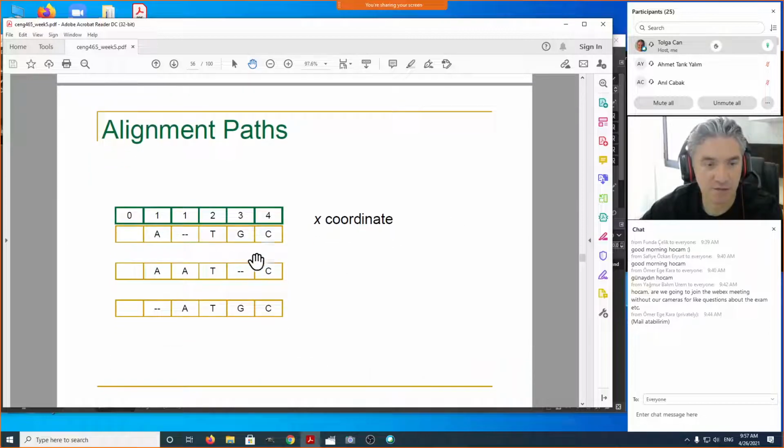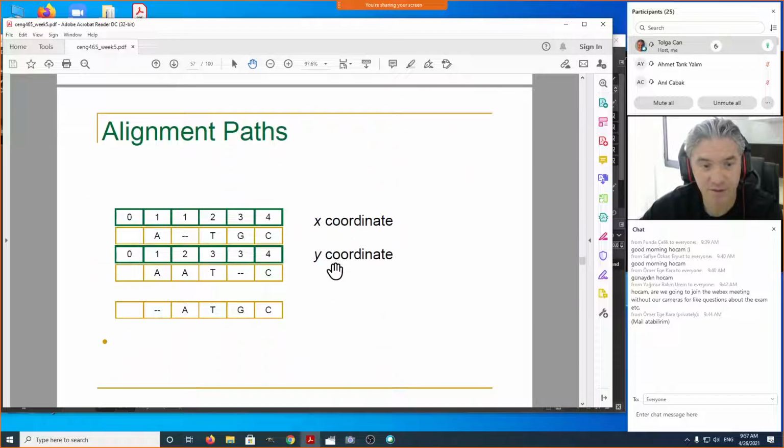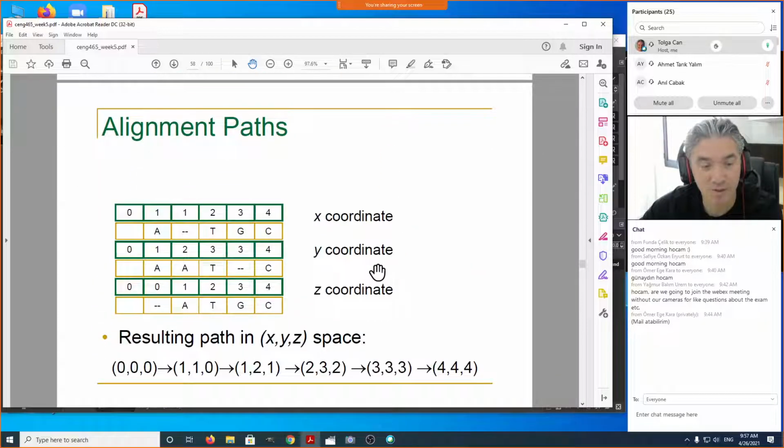So if you look at this, if this is a given alignment, you can consider it as, for example, XYZ coordinates. Each sequence can be a coordinate in some space: X, Y, and Z. As you can see, the alignment starting from 0, 0, 0, we get the first letters from the first and second sequence.